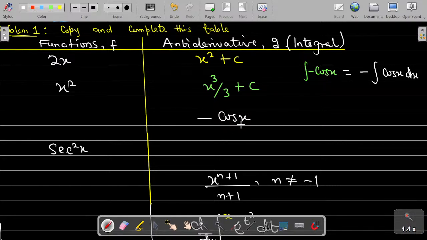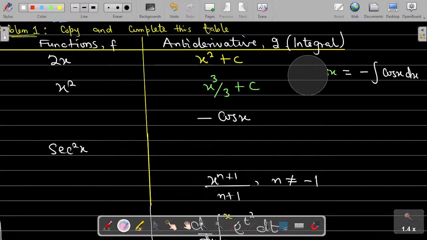In other words, what we needed to do is to differentiate this one. If you differentiate this, you get the function that gave this integral.